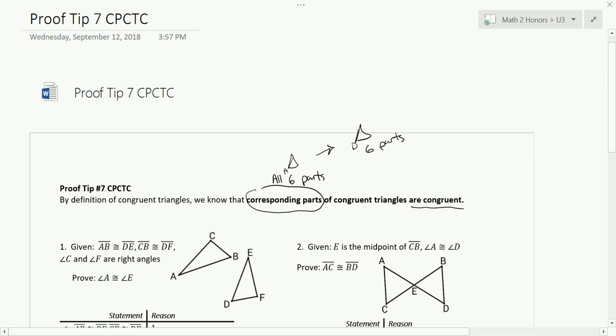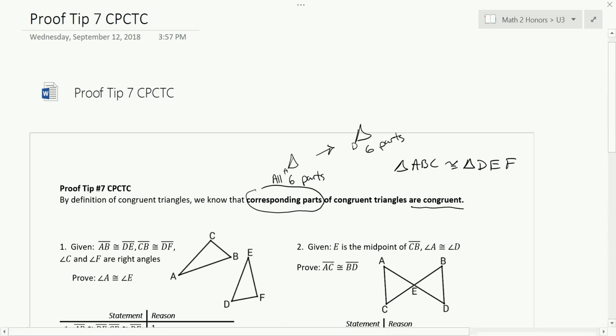So if we show 2 triangles congruent, say triangle ABC is congruent to triangle DEF, then automatically what flows from that is we get 6 other congruent statements: 3 angle congruent statements and 3 side congruent statements. And that's what we're going to build off of.